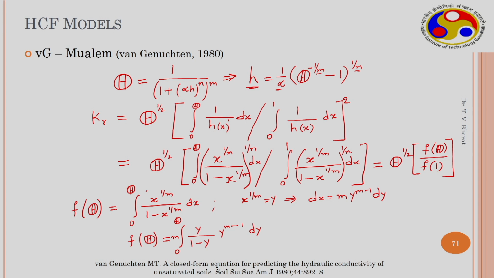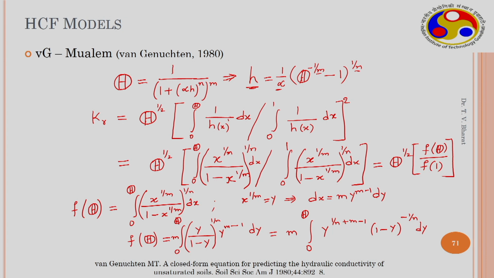Sorry, I forgot to put the whole power 1 by n in the expression. So therefore this is whole power 1 by n. So this can be written as m times integral 0 to theta y power 1 by n plus m minus 1 into 1 minus y power minus 1 by n dy.